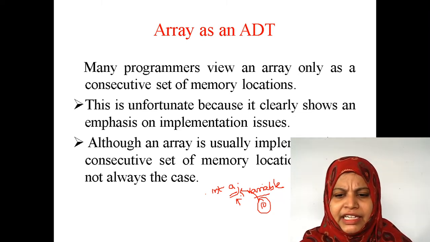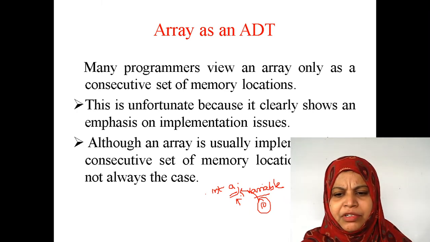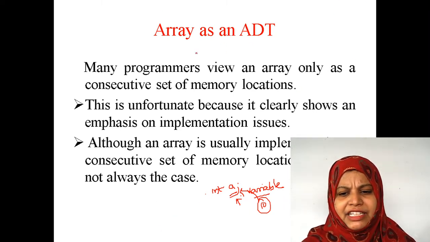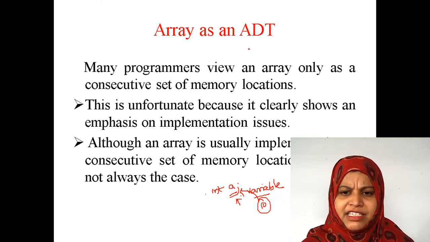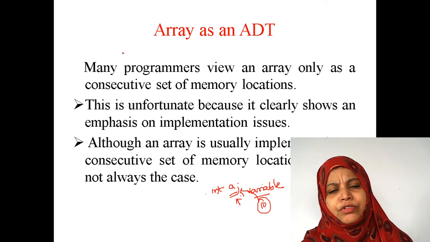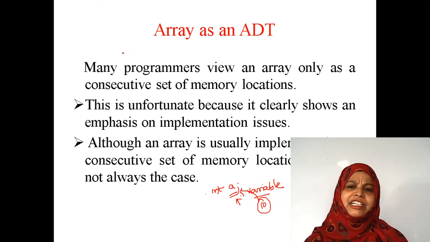Int A at memory location 101, a value of 10 is going to be stored in that particular variable A. Whereas an array is also a variable, but it is going to store multiple values. In a single variable, we can store multiple values.